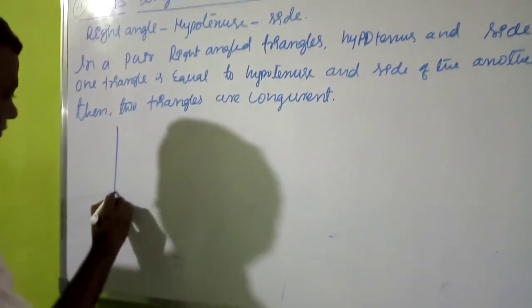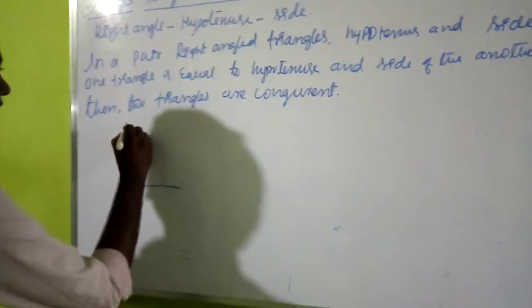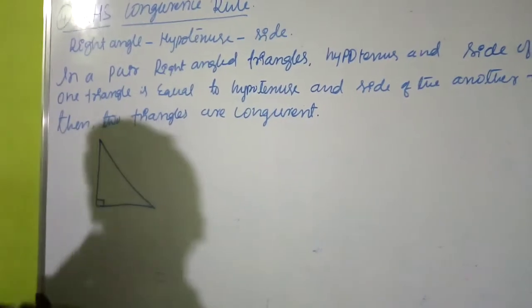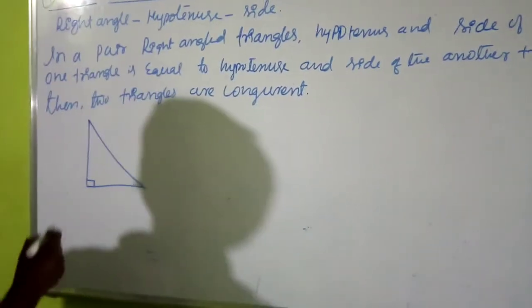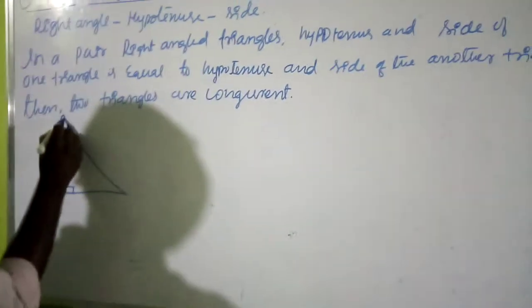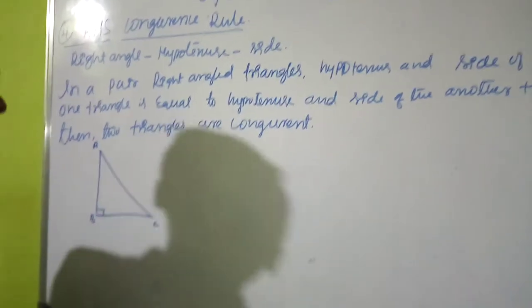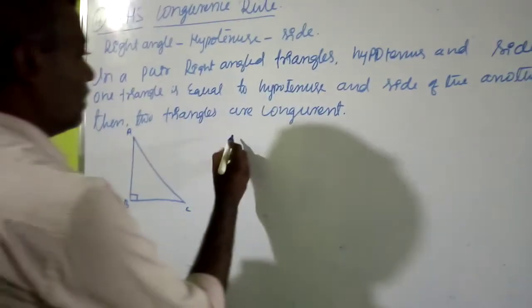Right angle triangle ಅಂದ್ರೆ ಏನು dear students? Right angle triangle. So a triangle is having three angles. Out of these three angles, one angle is equal to 90 degrees. Such a type of triangle is called a right angle triangle. Okay na?